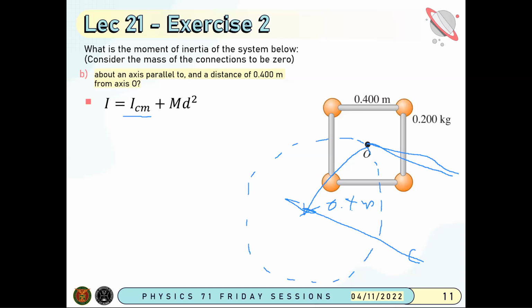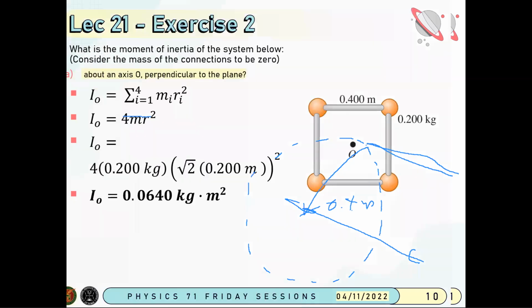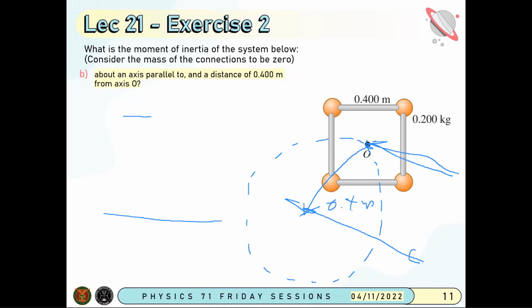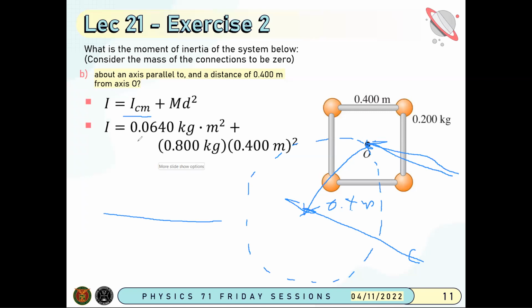That is what we got earlier. Right? This IO from earlier is already at the center of mass, the inertia when your axis is at the center of mass. Right? So we can now use that value. So we apply this here, and then we have plus md squared.